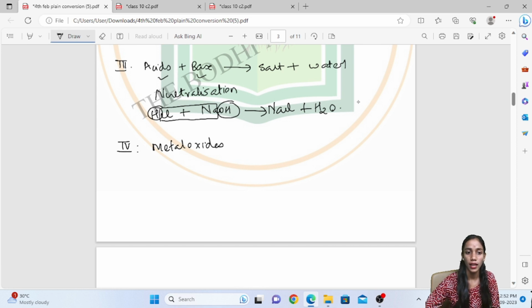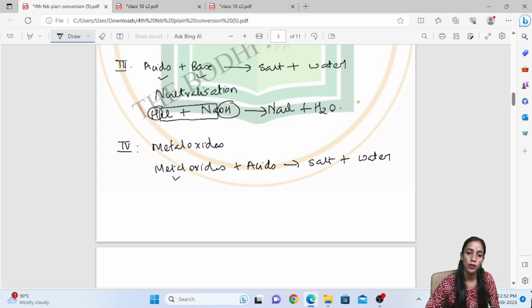The reaction of metal oxides with acids gives salt plus water. So the reaction of metal oxides with an acid gave salt and water, which means the reaction was the same as a neutralization reaction. The products of this reaction and this reaction were the same.